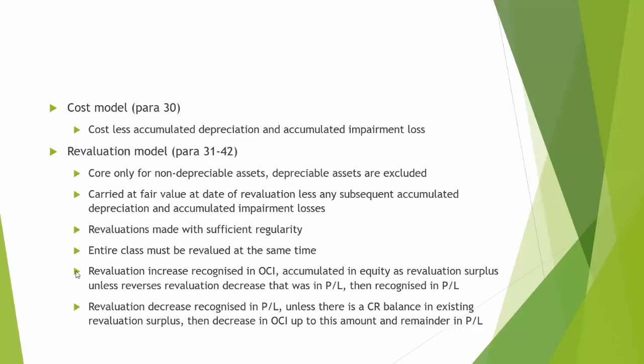These two points over here, in terms of the revaluation increase being in OCI, unless it's reversing a decrease that was already in profit or loss, as well as the decrease being recognized in profit or loss, unless we already have a revaluation surplus, and then we're going to decrease OCI and then profit or loss, was depicted through that whiteboard diagram.